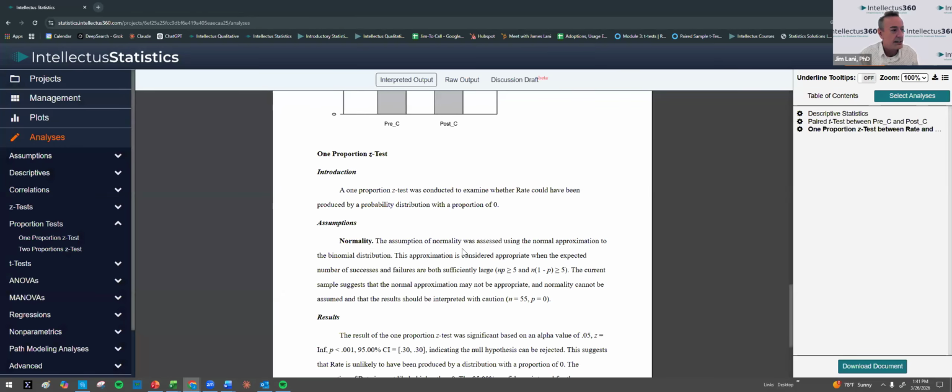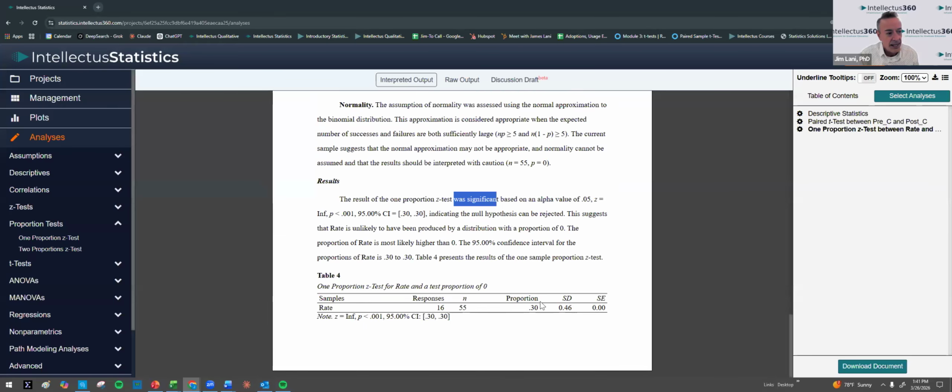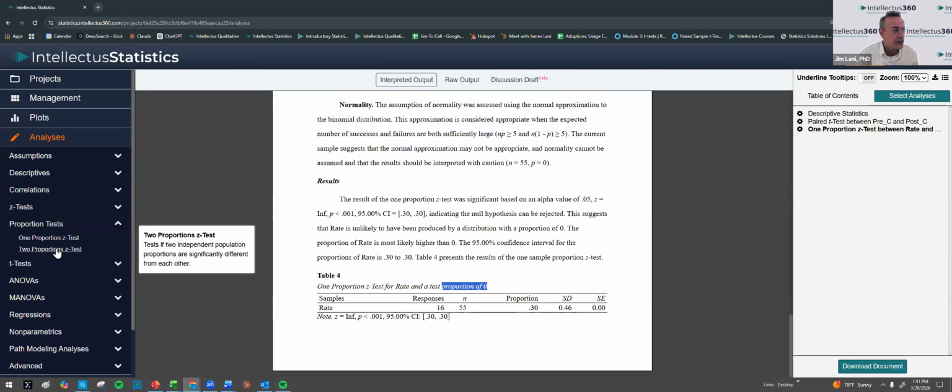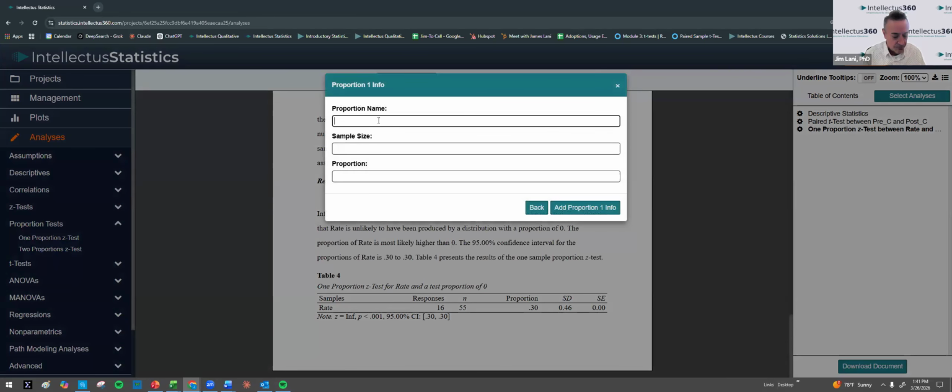And here you can see there's a normality assumption in there. It was significant, okay, which basically is indicating that, hey, guess what? That 30% is different than that proportion of 0, okay? More often than not with this rate business, there is a rate before and a rate after. So you can have fall rate pre, sample size 55.